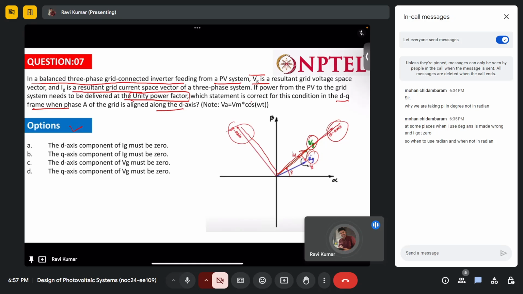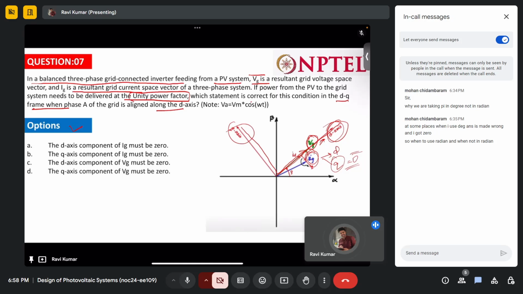See, this IG can have two components, one on the D axis, one on the Q axis. But to be maximum, since our VG is this side, it should be on the D axis side. So this particular condition makes Q 0. The Q component of current and the Q component of voltage would be 0. Then only the maximum power can be obtained along this D axis.